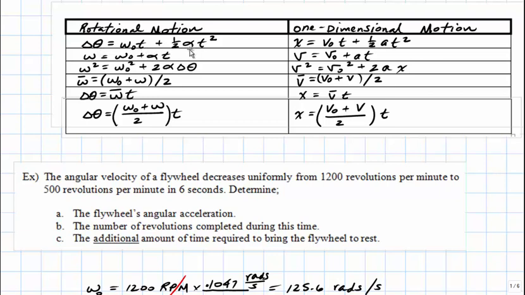Can we use the first equation? Well, the answer is no, because we don't know the turntable's angular displacement at t equals 4 seconds. Can we use the second equation? Well, it looks like we can. We're trying to find omega. Omega 0 is known. Alpha was just calculated. And of course, the time equals 4 seconds.